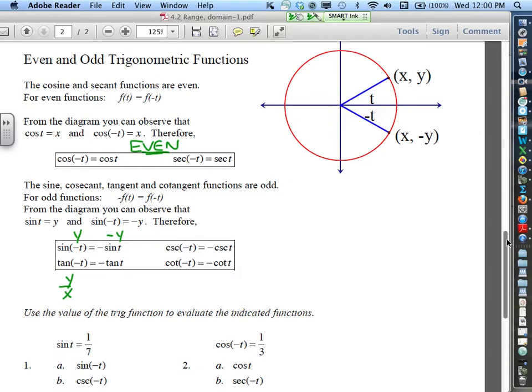For negative t, it is now negative y over x. So the function became the opposite of the original function; it changed signs. The sine of a negative angle gives you the opposite of the original function, and the same thing with tangent. Cosecant and cotangent are just the reciprocals of the original functions. So 1 over y would end up being 1 over negative y. Same thing for cotangent. So these are all odd functions.